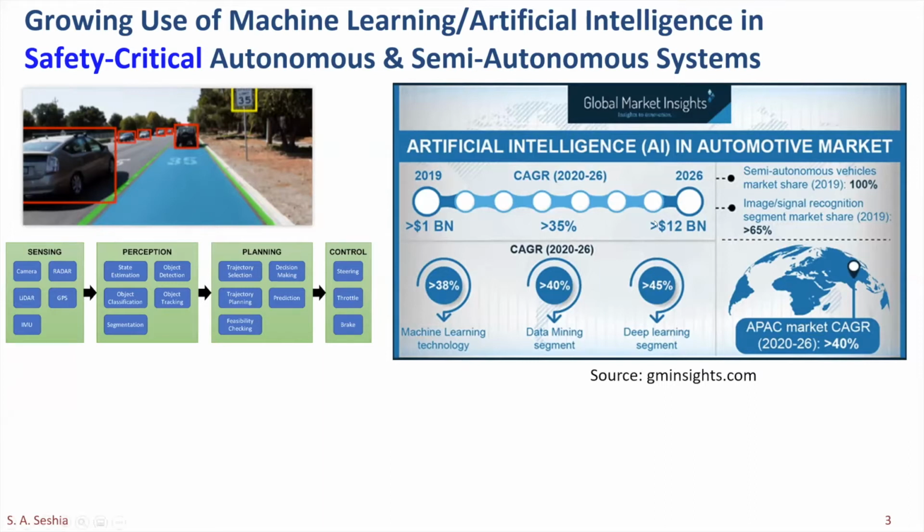So for self-driving cars, for example, there's use of deep neural networks for things like object classification, detection, segmentation, and so on. But they're really used very much throughout the autonomy stack. And this use of AI and ML is only projected to grow over the next decade.